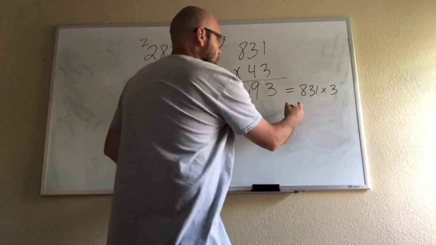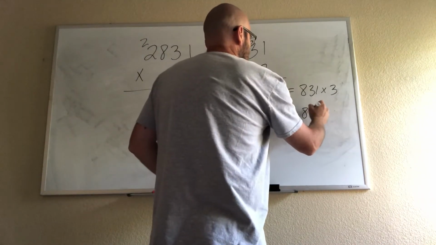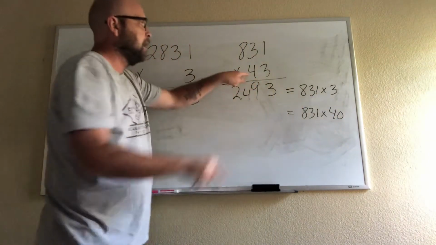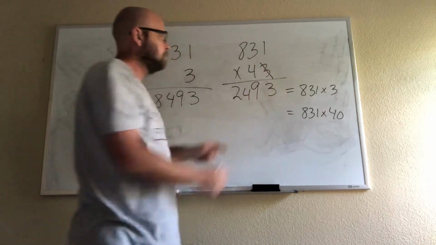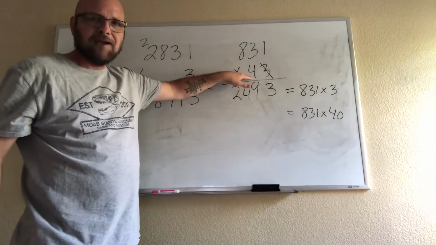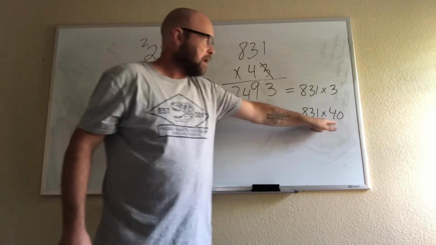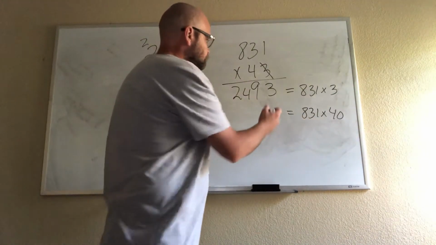What I'm going to do here is 831 times 40 because I'm multiplying it now by 4 tens. That's why 4 tens equals 40, which means I would just move this 0 down.